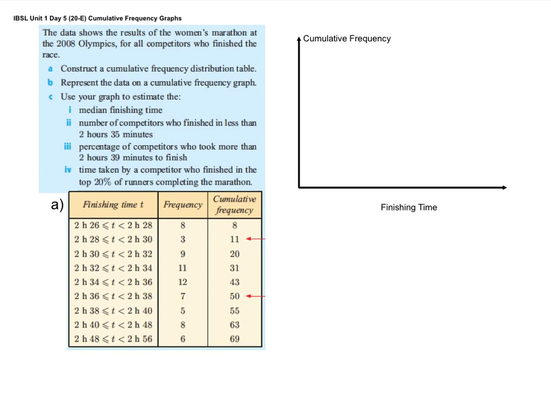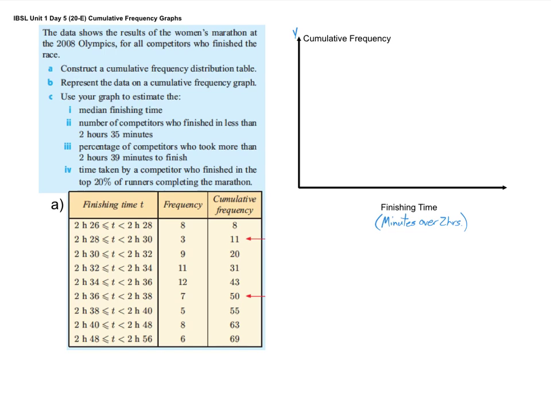So I'm going to label our x-axis in terms of the finishing time in minutes over 2 hours. So your x-axis is always your data points. Your y-axis is always your cumulative frequency.